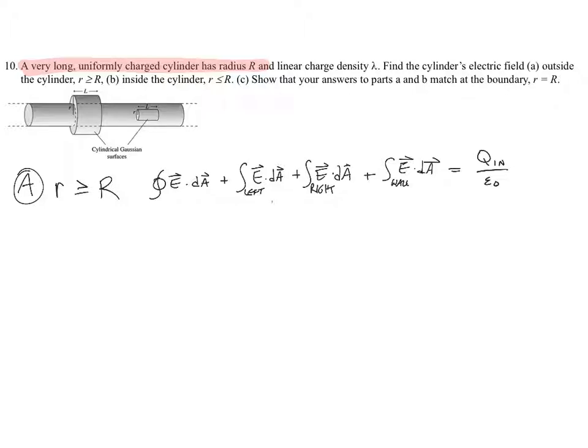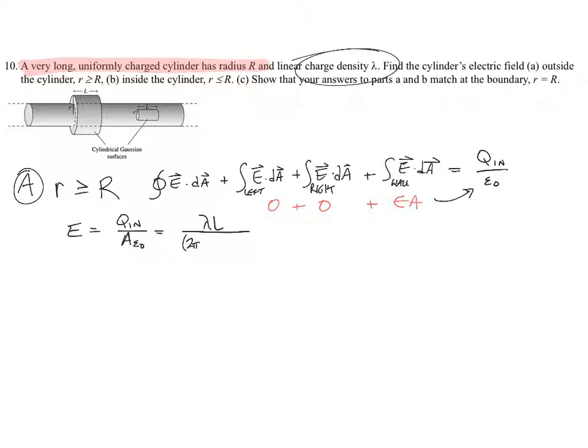And this is 0, that's 0, this is going to be EA again. So again, we have a relatively simple puzzle here. If EA equals this Q in here, so we've seen this before, our electric field would be Q in per area epsilon naught. And so let's get at plugging and chugging things here. So we have a linear charge density, lambda. And so the total charge would be lambda L, the charge density times the length.